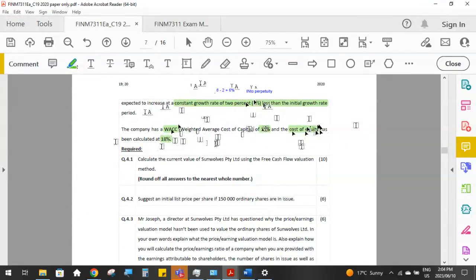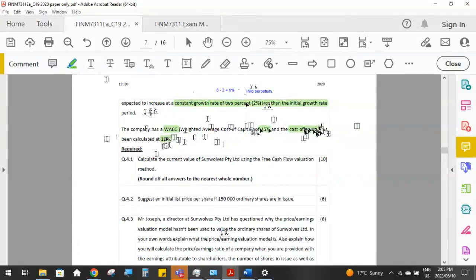So read through that section in the textbook and make sure that you understand that that is specified in the textbook as well. Students often get caught out with that in questions, because in this question, unlike question 5.2 in the textbook, they've given you both WACC and cost of equity to test whether you know which one of those two you must use.